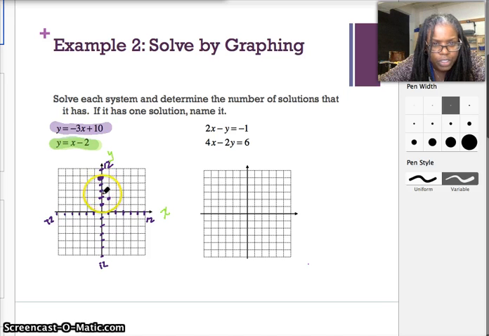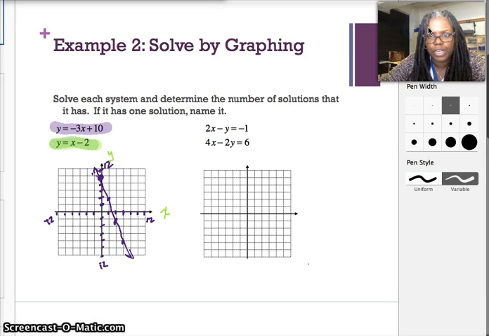Down 1, 2, 3 over 1, go down 1, 2, 3 over 1, go down again 1, 2, 3 over 1. The reason why this is okay for me to do is because I was consistent about the way I labeled both axes. So now I'm going to try my best to draw a straight line like that. All right, so that's one graph done.